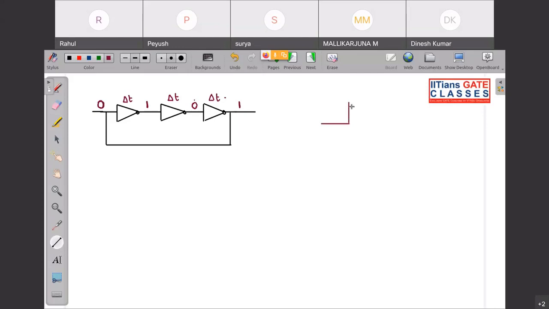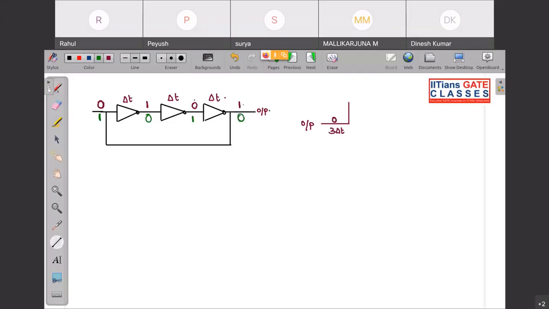Look very carefully. This is your output, and this is also output. So this 0 is getting converted to 1 after 3 del t. Now look, this one is feedback, so it will come back over here. This one will be converted to 0 after del t, this 0 will be converted to 1 after 2 del t, and this one will be converted to 0 after 3 del t.